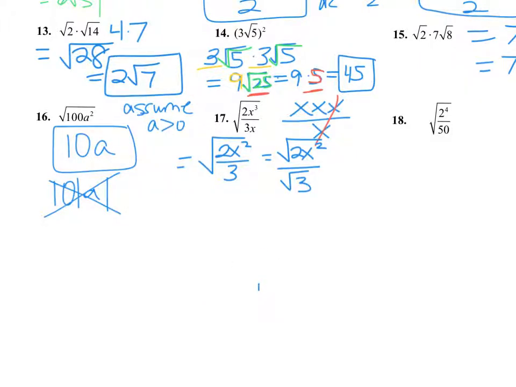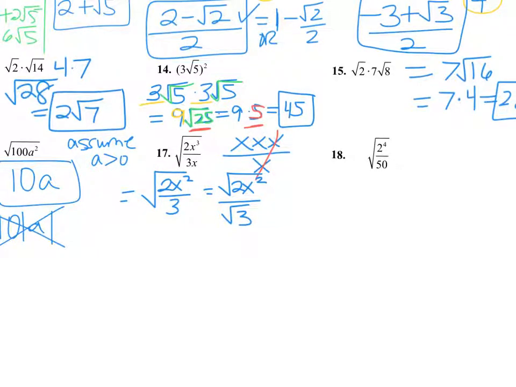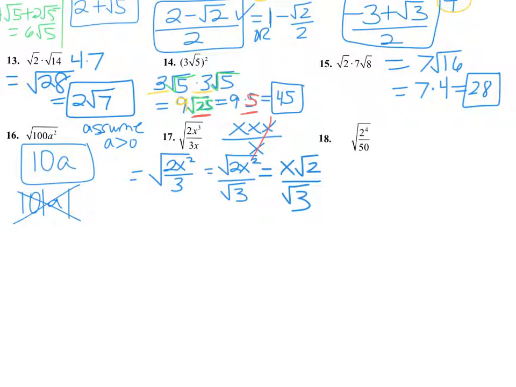Okay. And then what is rad 2x squared? That's x rad 2 over rad 3. Because the square root of x squared is x, should be the absolute value. But that's okay. We're going to assume all variables are positive. And then right here at this point, we're not quite done.